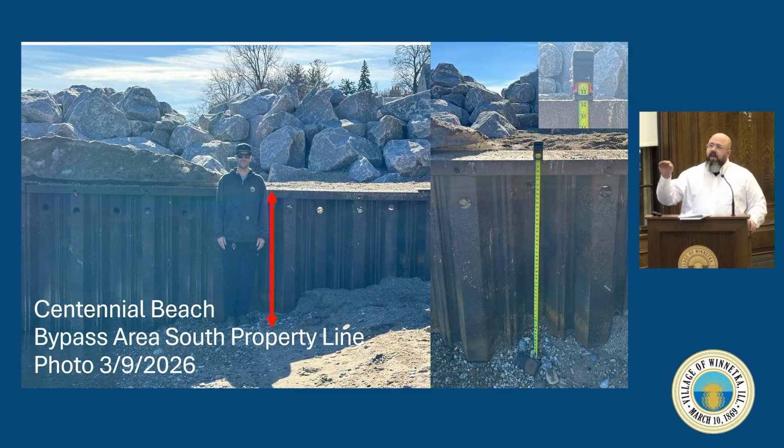Just want to point out that the elevation from the sand to the top of the steel there is 52 inches in height. So when somebody would be walking from south to north, they would walk over that staircase, come up to this ledge, which is 52 inches in height, and then either have to jump down, or what most people do naturally, just take a step to the left, walk to the toe of the bluff, and then walk to the north and continue walking the shoreline.